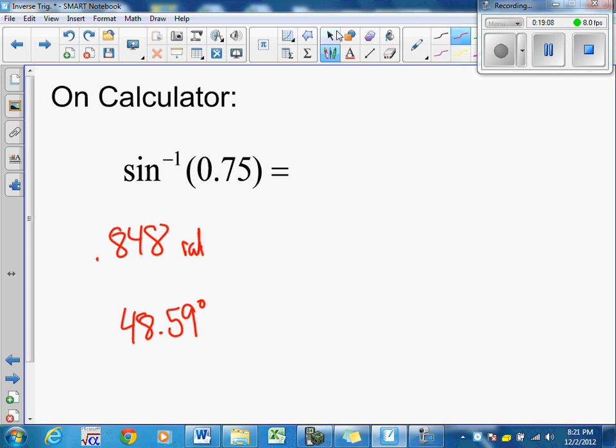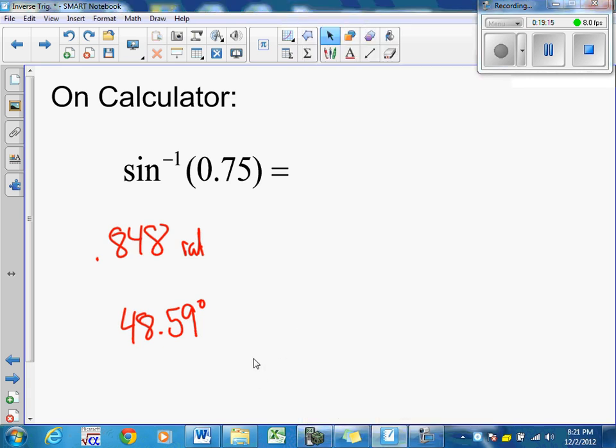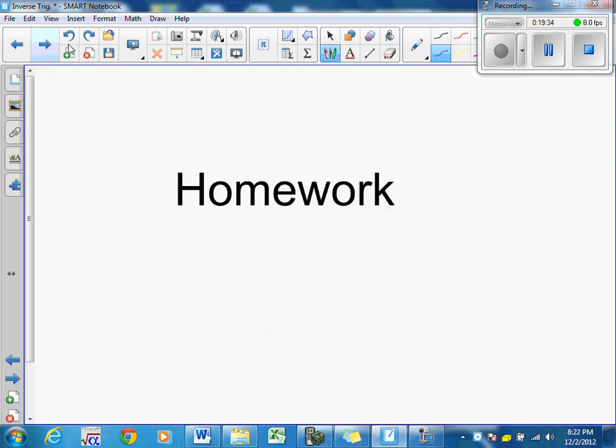It's important you label your answer and know what mode your calculator's in when you get the right answer. On the homework, it's going to ask you to do some of these and to write your answer in radians. In some, it's going to ask you to write your answer in degrees. In some, it's not going to matter and ask you to not do it on the calculator and do it from the unit circle, and that's fine. You can do it either way. All right, homework on inverse trig functions.